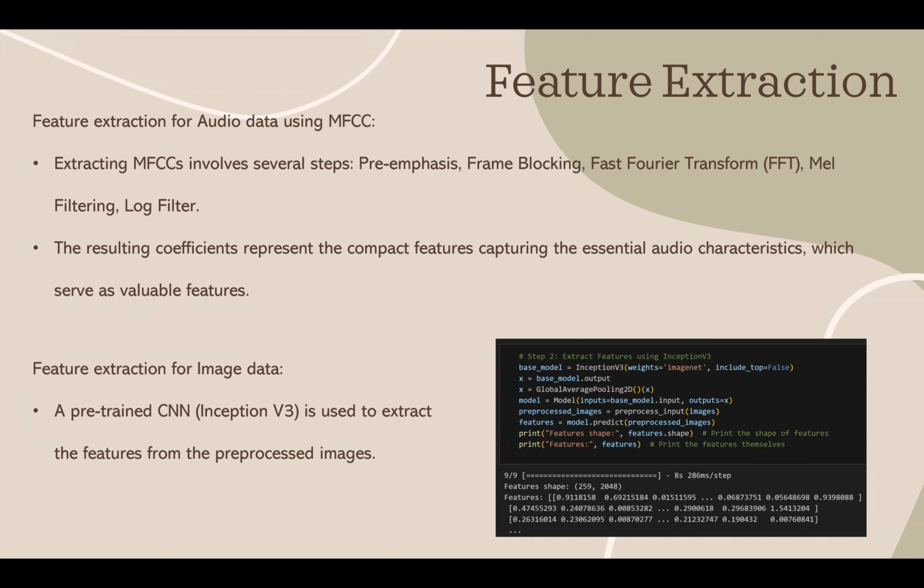The resulting coefficients represent the compact features of the audio signals that are used for model building. For the feature extraction of the image data, we used a pre-trained CNN model, specifically Inception V3, to extract the features from the pre-processed images.